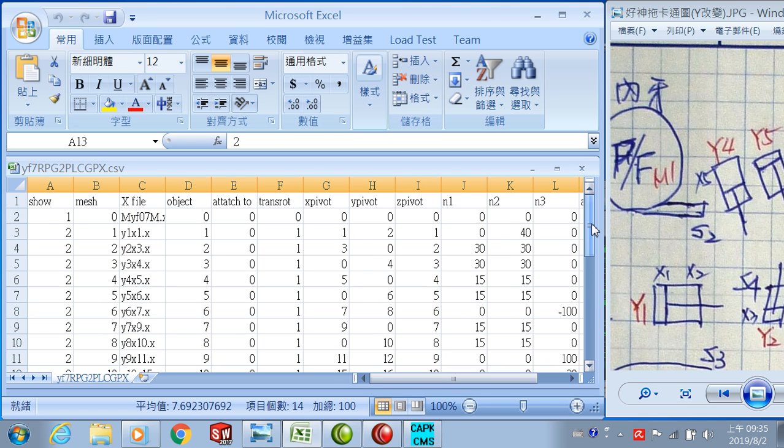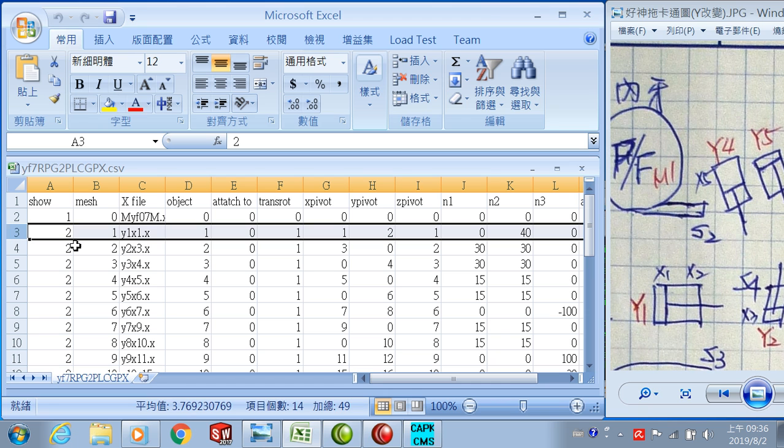Let's see from the beginning. The first one, Y1 S1. The Y1 S1 is this piece. The definition of the I/O is S pivot 1, the lower limit sensor of PLC, is input 1 S1.